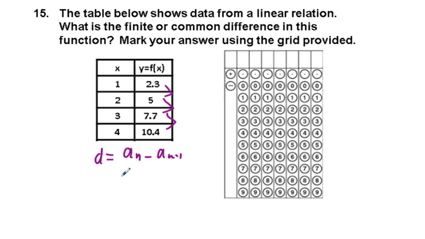So we can take our common difference equals 5 minus 2.3, which equals 2.7. We can see 2.7 is what you add from one term to get to its next. So D is equal to 2.7, so we mark 2.7 here, and you don't have to put a plus sign in this case. So 2.7.